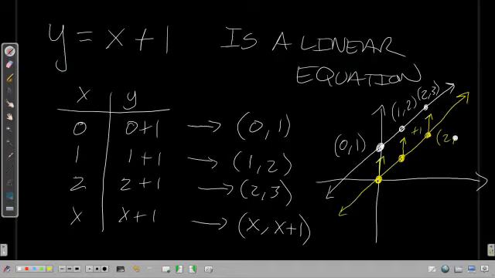So this point was at 2, 2, and then it moves up by 1, and now it's at 2, 3. And this one was at 1, 1, and then it moves up by 1, and now it's at 1, 2.